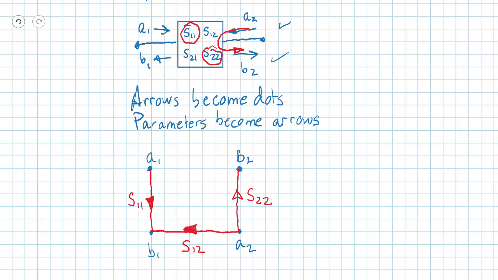And similarly, the signal traveling through the device, coming out at port 2, is going to be affected by S21. And what we've ended up with then is a signal flow graph representation of a 2-port S-parameter device.